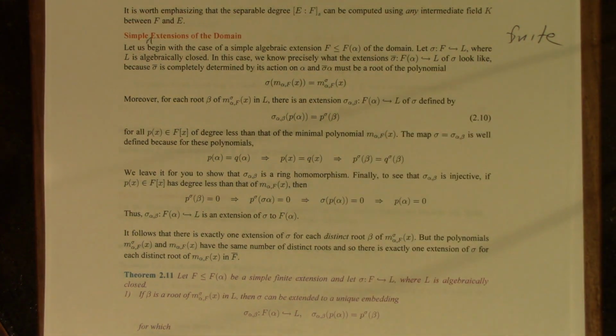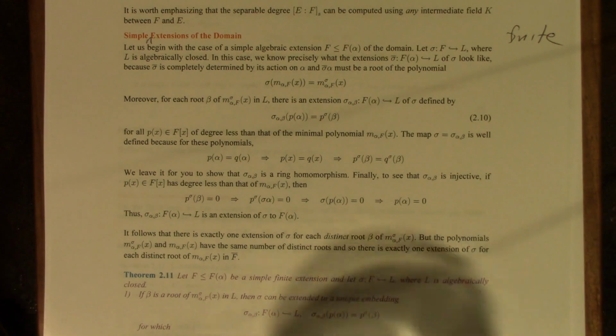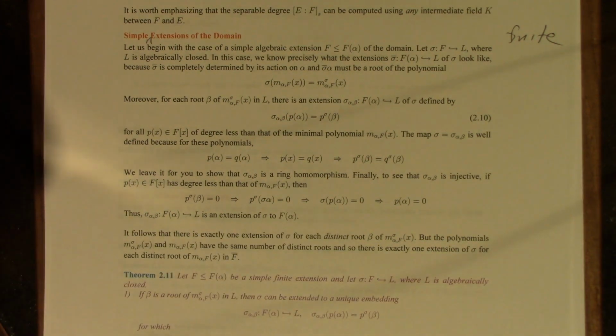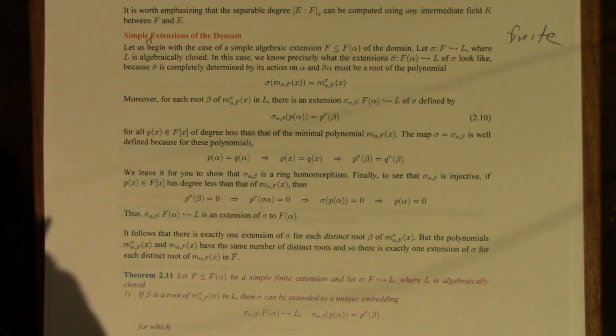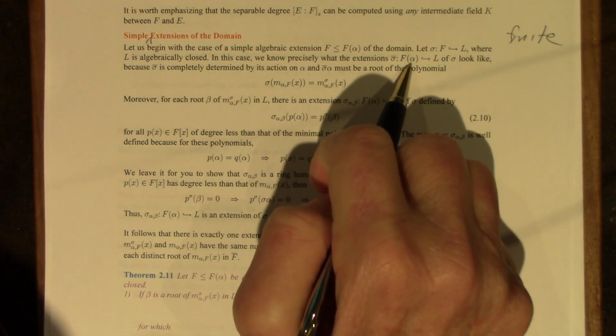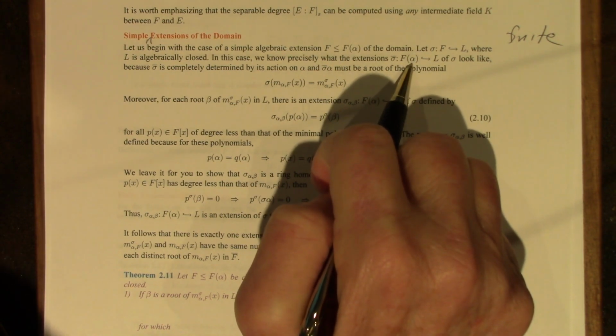Now in this case, we know precisely what the extensions, say sigma bar, of sigma look like, because we're extending to F with alpha adjoined. An extension is completely determined by what it does to alpha.